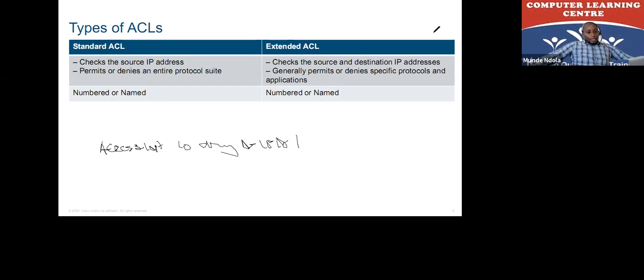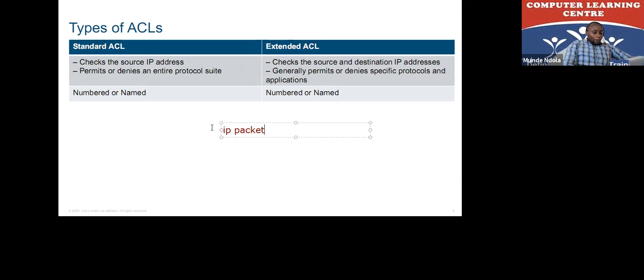While with the extended access list, it filters the source, destination, the protocol, and the port numbers. Remember, I told you about what we look at in the IP packet. On the IP packet, we look for the source, the destination, the protocol, and then the port number.